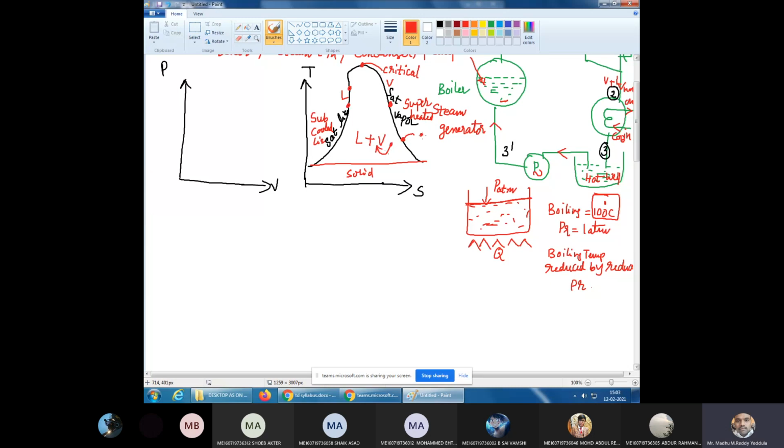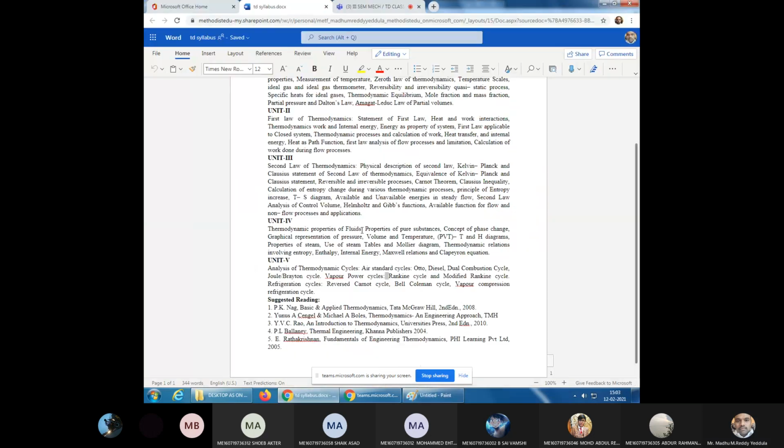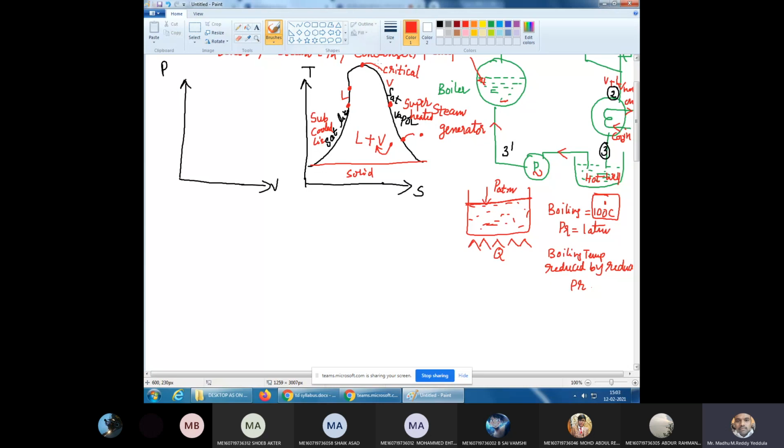Clear? You should know what the saturated liquid line and saturated vapor line are. We'll discuss in detail in the 4th unit. Our 4th unit is properties of the fluids. There we will study in more detail the properties of steam, how to use the steam tables, and how to use the Mollier diagram. For the time being, remember what the saturated liquid line, saturated vapor line and superheated state are.